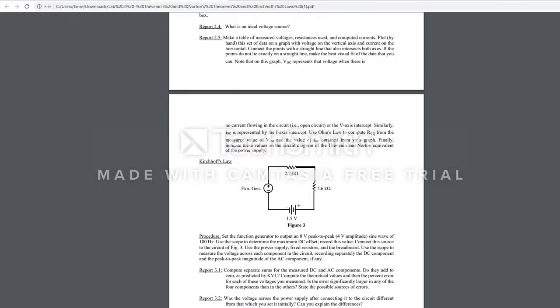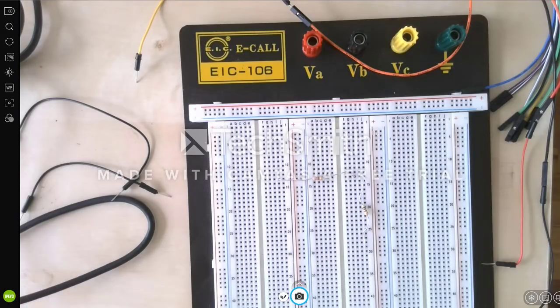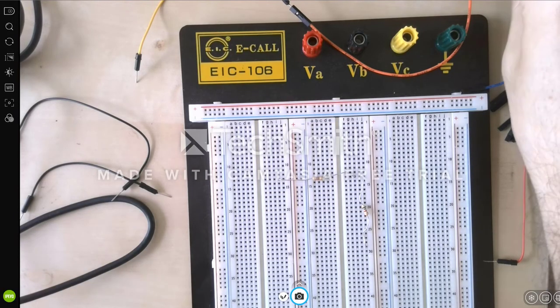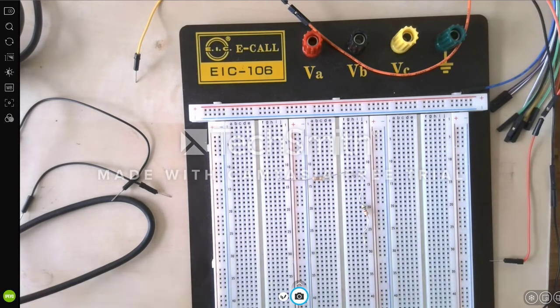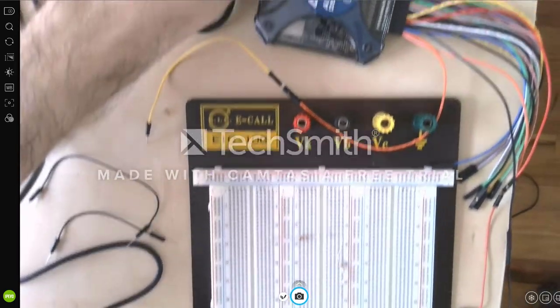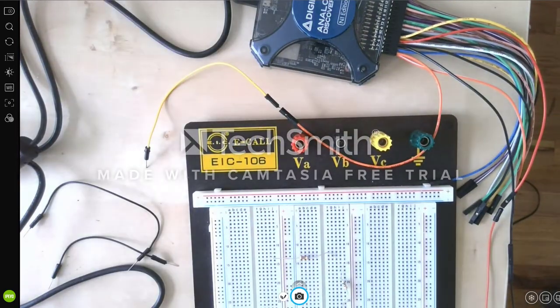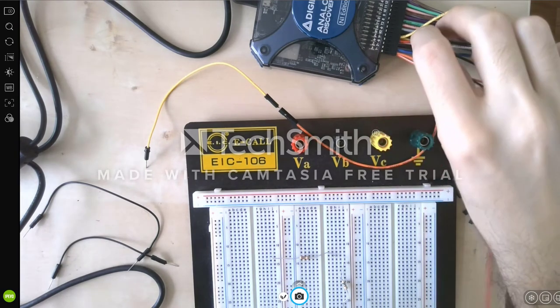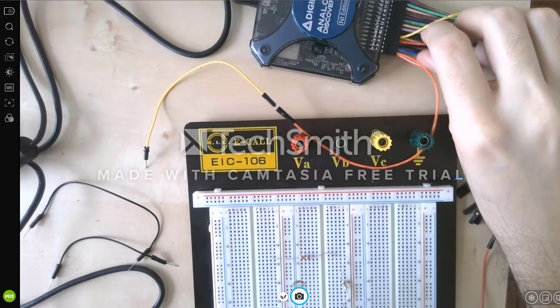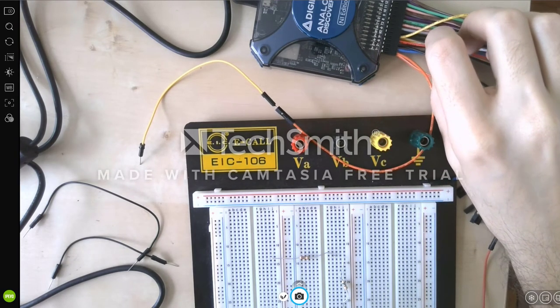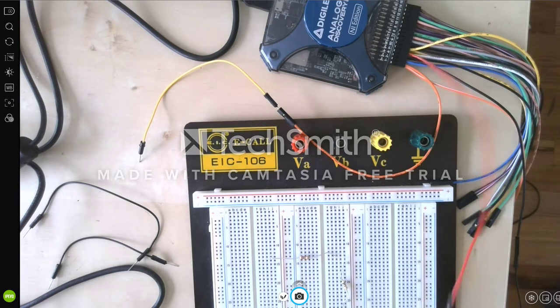Okay, now in this circuit we have one DC and one AC supply. Let's connect the DC supply first. It should be 1.5 volts. The DC supply is here, the V plus port in Analog Discovery, the fourth from the left.